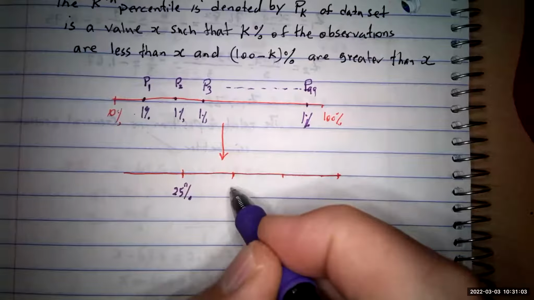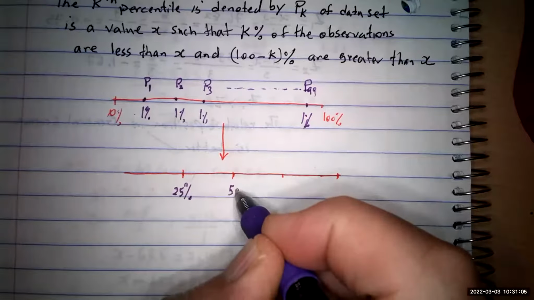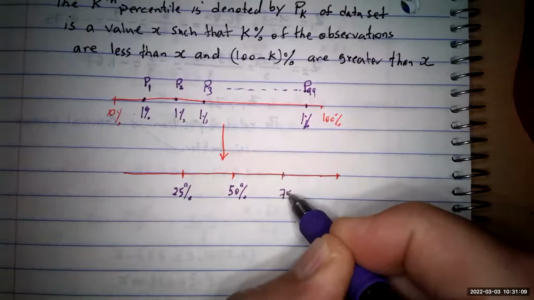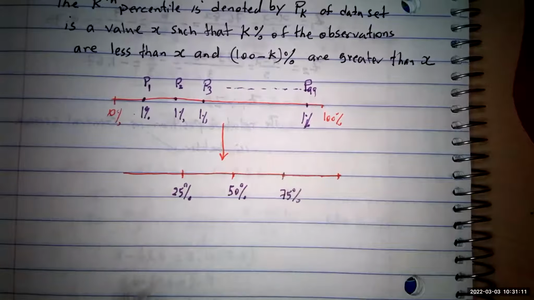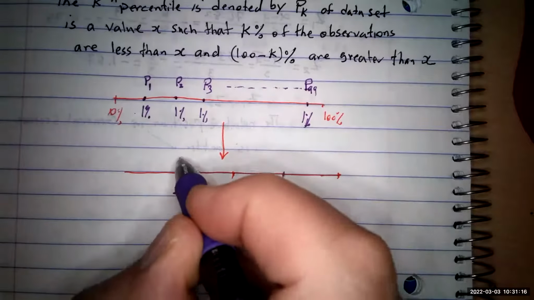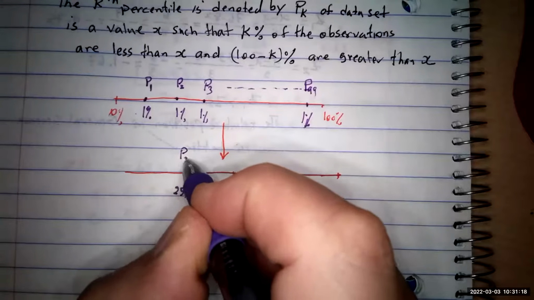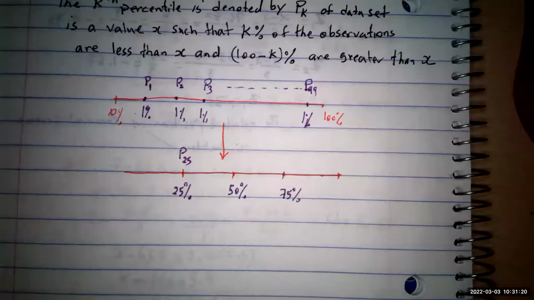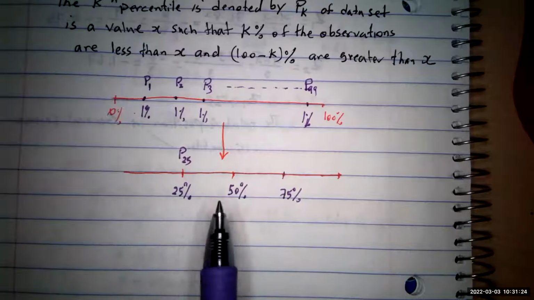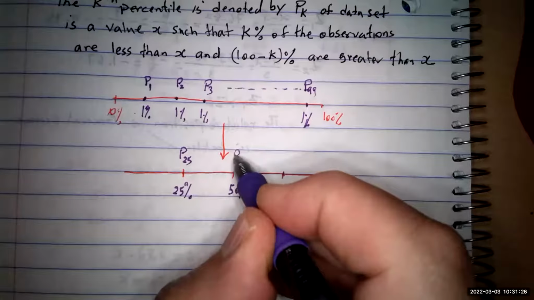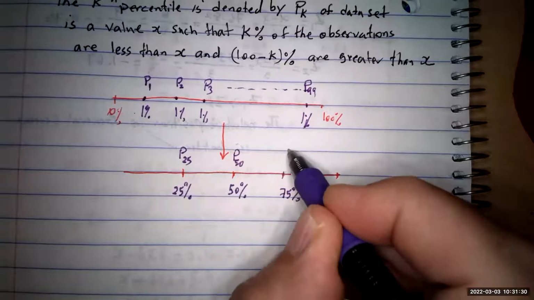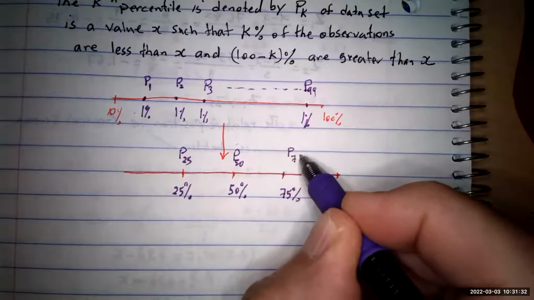Another 25% makes this 50%. And that gives you 75%. So in this area, the number is called P25. P25 means you are better than 25%. If you are here, you are P50. And if you are here, you are P75.